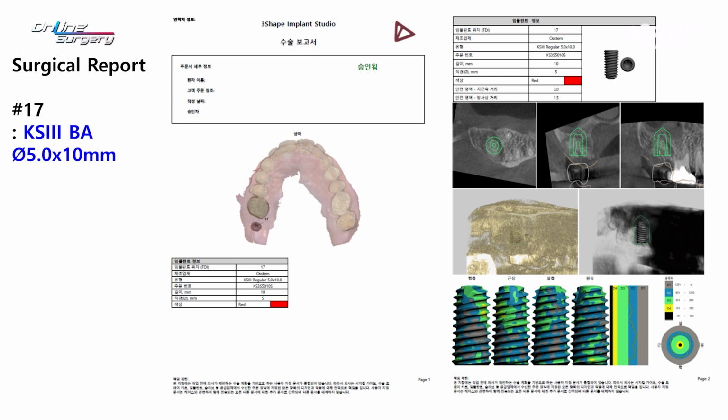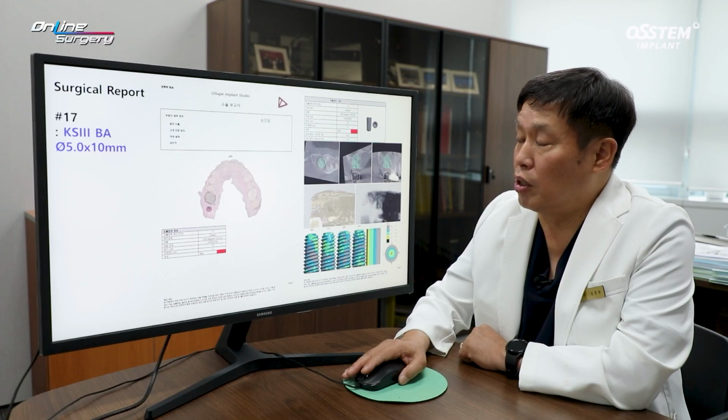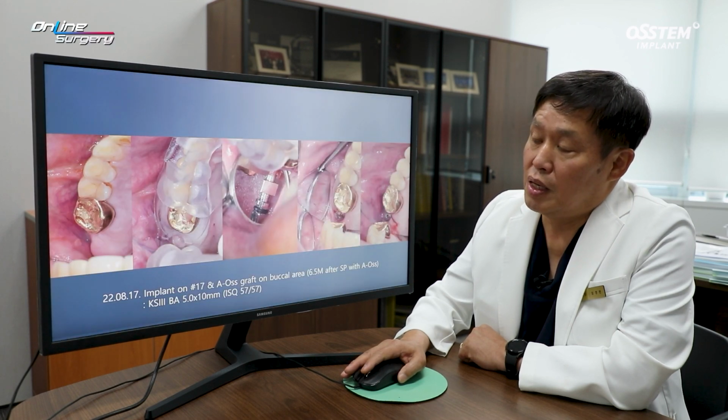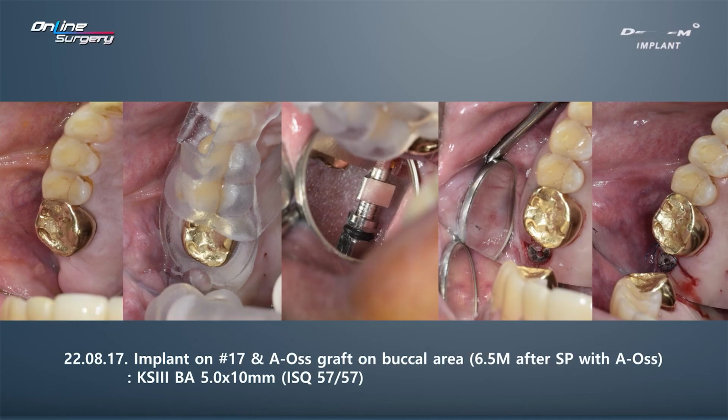After consulting with OneGuide team, KS3BA surface 5.0 by 10mm implant was planned. The plan was to place the implant slightly deeply and to do additional bone graft in the buccal side. As you can see, OneGuide was adapted as shown. Implant was placed.